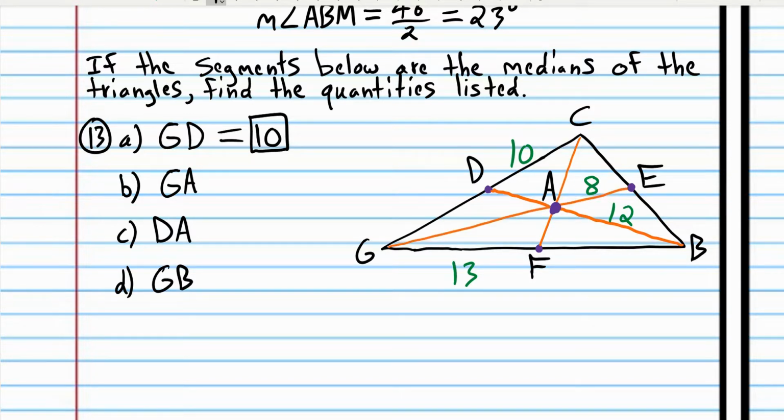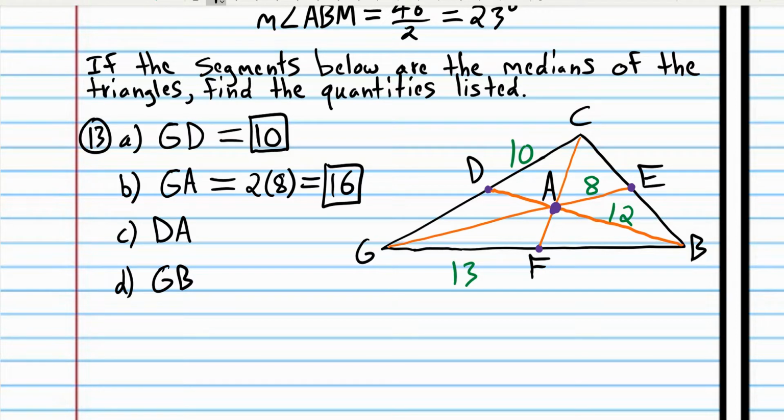So all that means is that GA is just twice AE, so 2 times 8. So it's equal to 2 times 8, which is 16. That's the centroid theorem. And if that's a little complicated, that's okay. We're going to do more problems, so you'll see how this works.